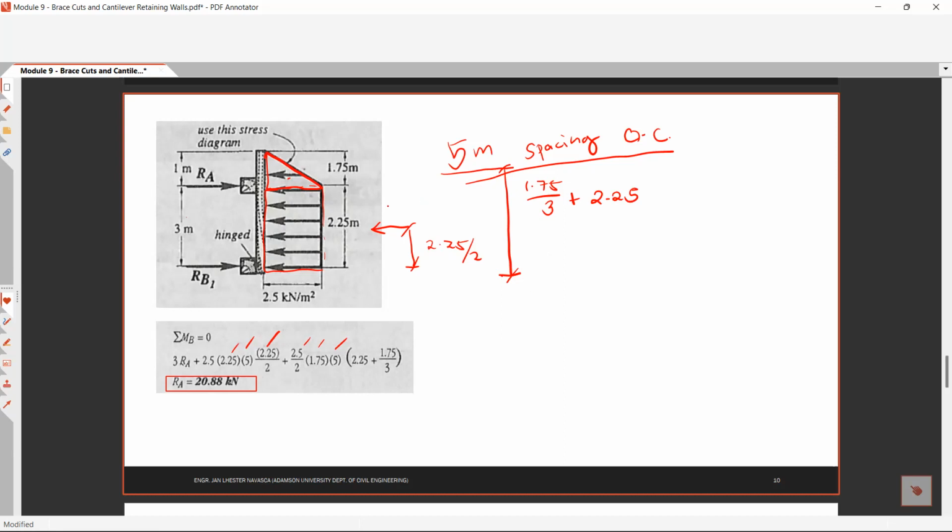So that is the centroidal distance of the linearly increasing pressure diagram. Therefore you get RA to be 20.88 kilonewton. That is the strut load at A.